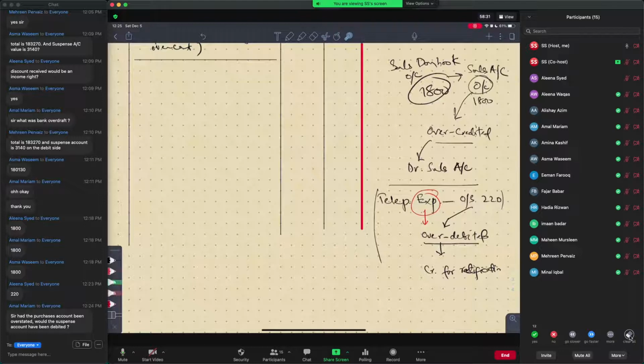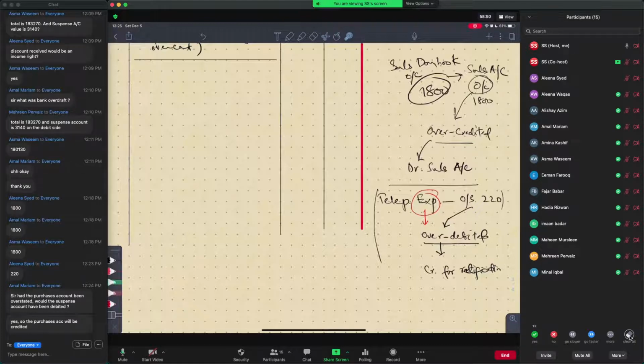So what Amal has asked in the chat, that if purchases account is overstated, then we have to ask ourselves, what does it mean, over debited or over credited? And we know that purchase is an expense by nature. So purchases account overstated means purchases account over debited. And if it was over debited, then you will fix it by crediting the purchases account, and then you will arrive at the conclusion, okay, suspense account will be debited. So that is how you deal with the suspense account.